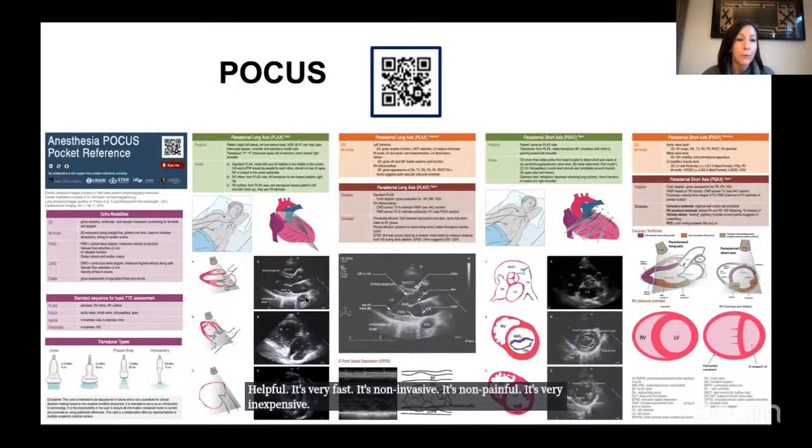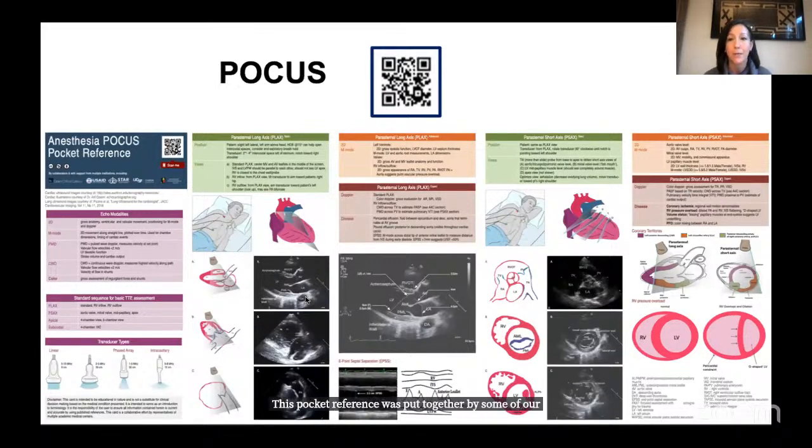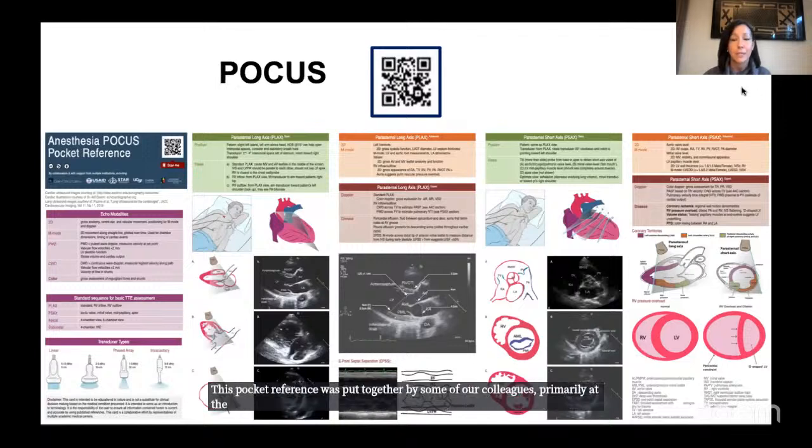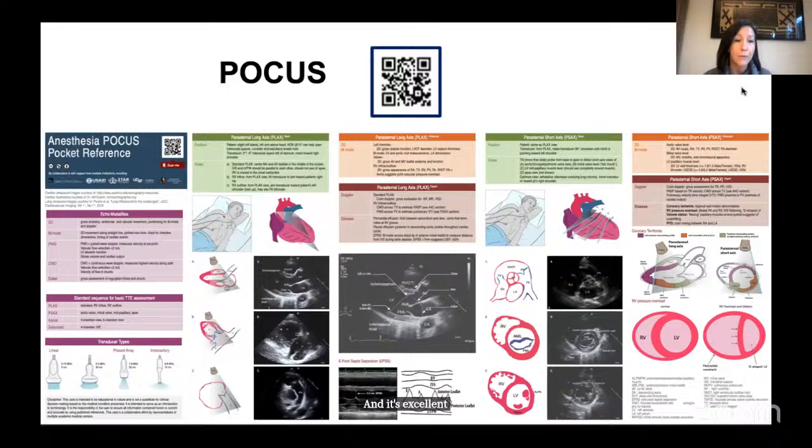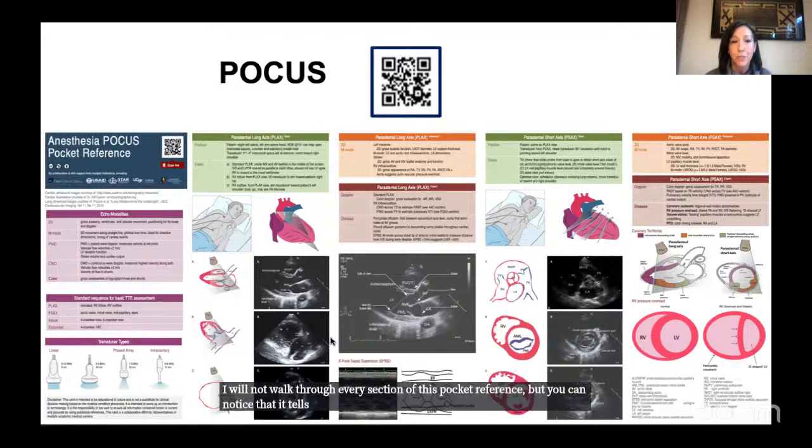This pocket reference was put together by some of our colleagues, primarily at the University of California in San Francisco, and it's excellent. So it's free for download. You can use the QR code. I will not walk through every section of this pocket reference, but you can notice that it tells you which type of ultrasound probe to use.